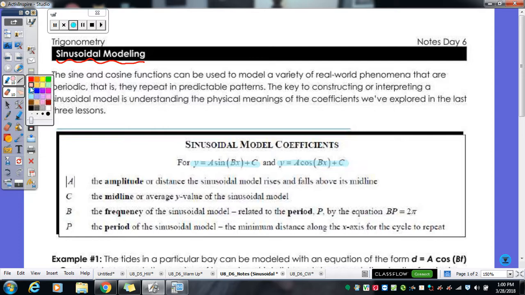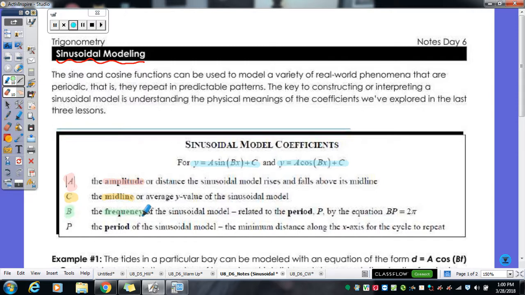Our a is our amplitude. That's the distance that something rises and falls compared to your midline, that little middle part there. Our C value is your midline, also known as your average, that goes right through the middle, which is why we call it your average, because it's right there in the middle of everything.